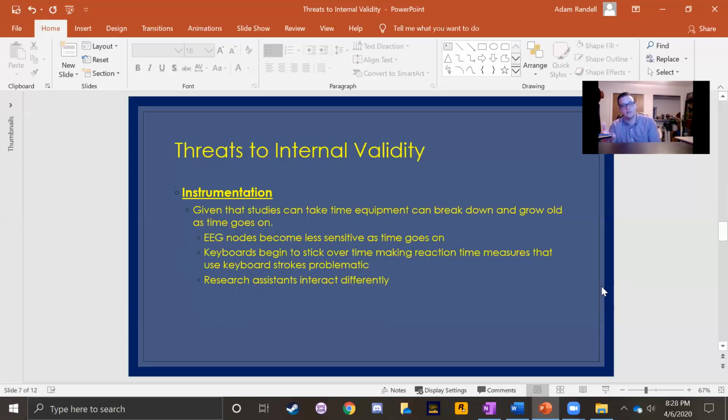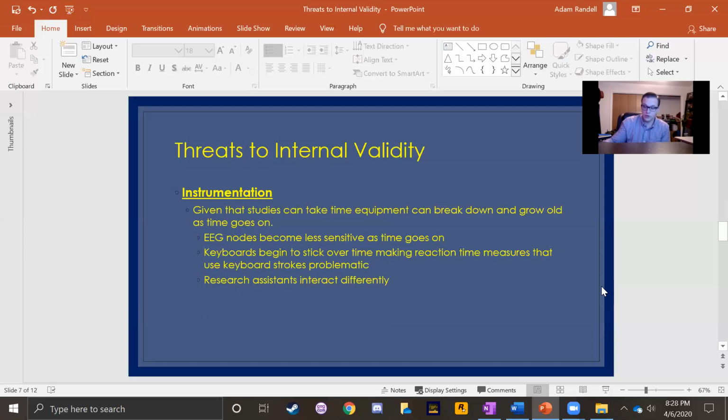Well, studies take time. And so that change in equipment could potentially create an alternative explanation if, let's say, you're collecting all your control condition first, and then all of the people in your experimental condition later, right?